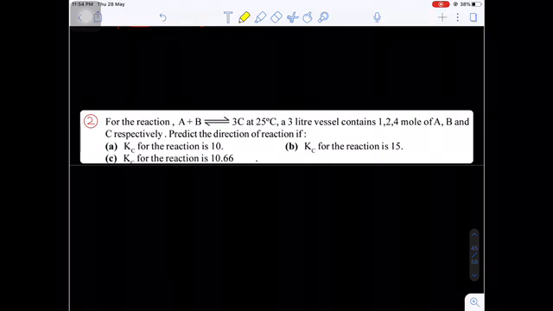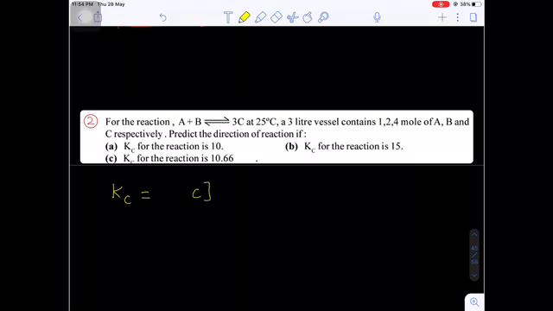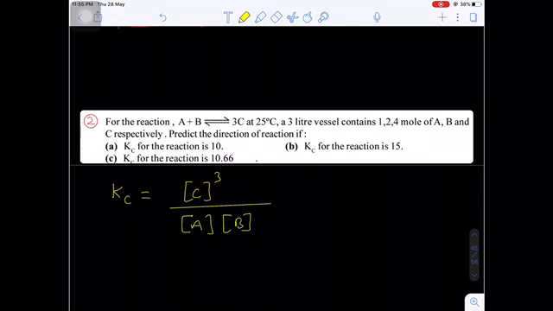Okay, now come to question number 2. Here A plus B gives 3C. First of all I am writing the expression directly: C cube divided by A into B. Now this is actually not Kc, this is Qc, because we are calculating the Qc. But because Kc is already given in the question as 10, 15, 10.66, in each case we have to compare.